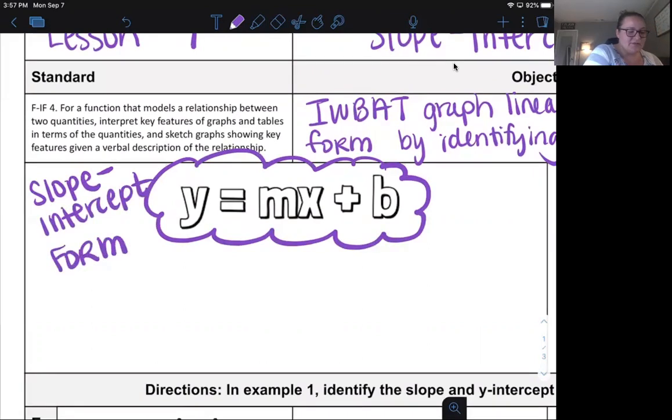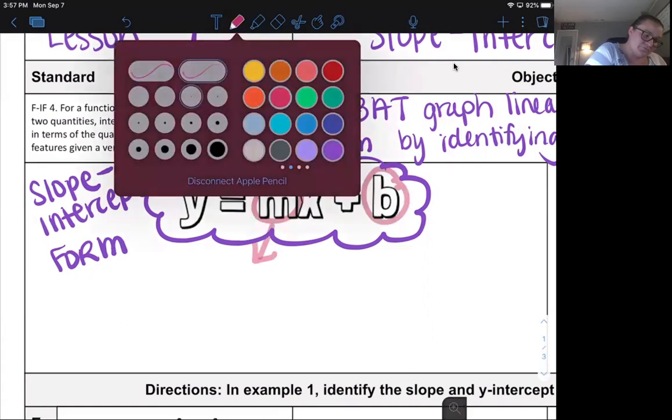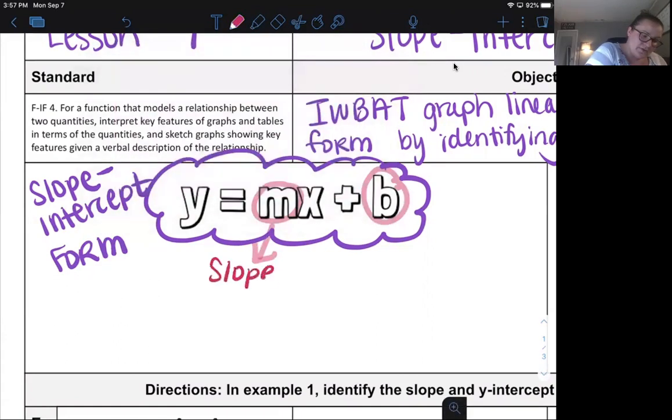Some key information about slope-intercept form is that an equation written in this form actually gives you two key features: the slope of the graph and the y-intercept. So m represents your slope, and b represents your y-intercept.